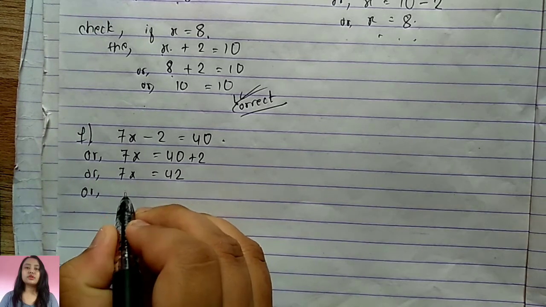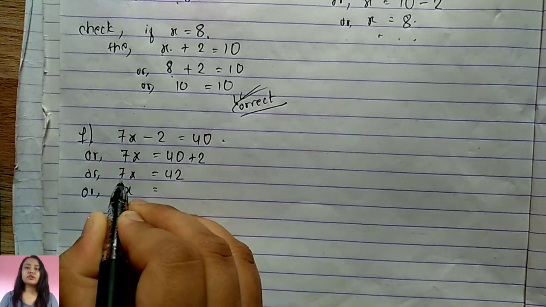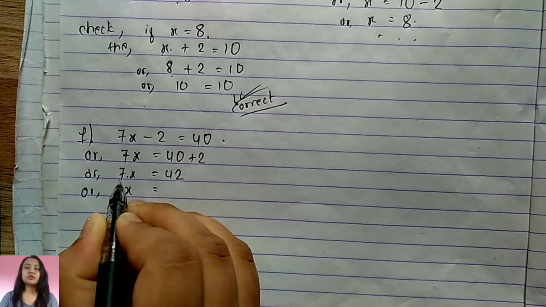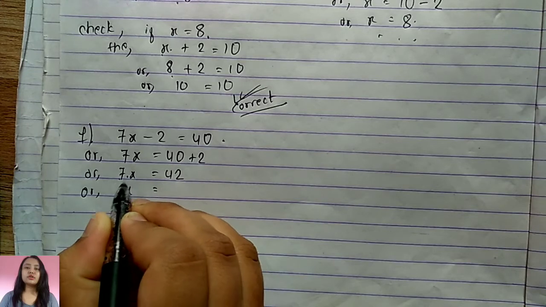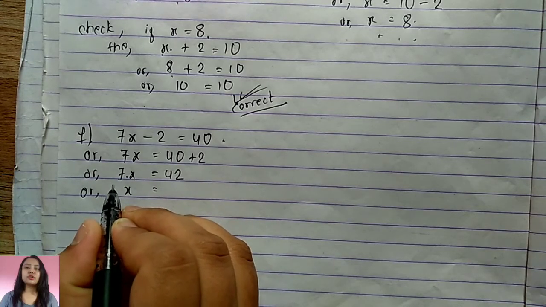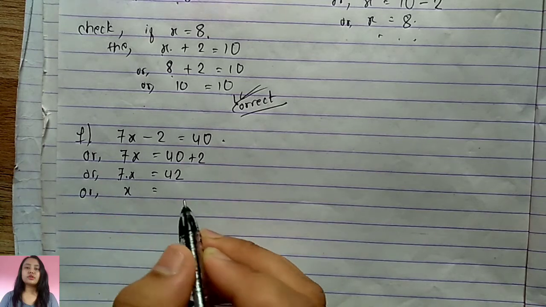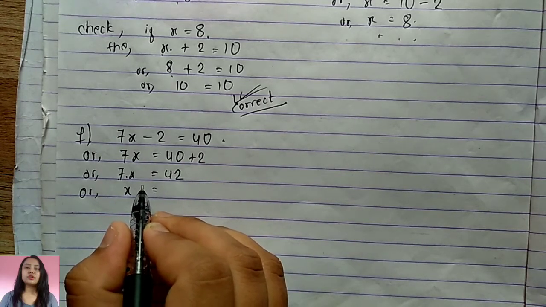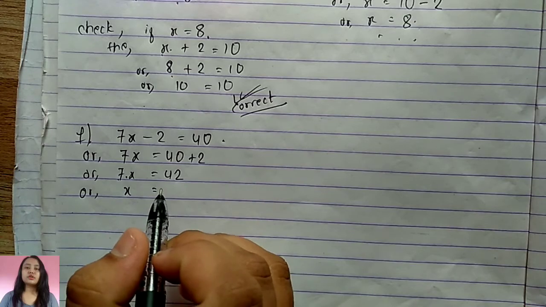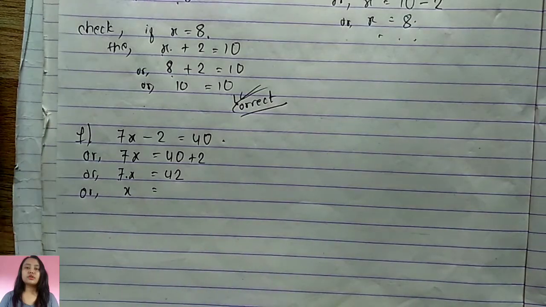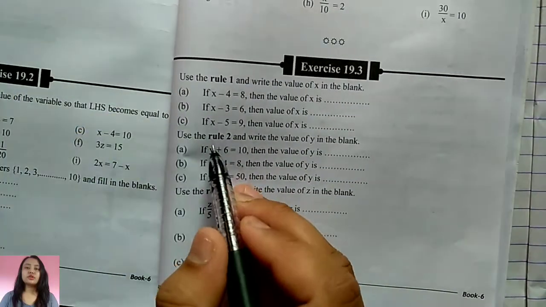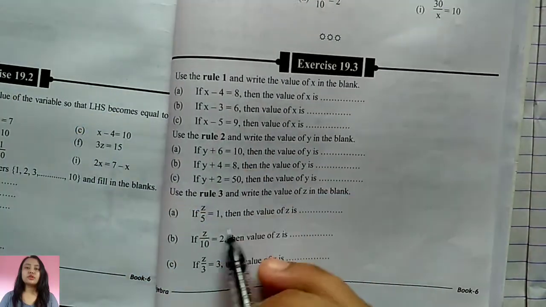That is, the 7 will remain here. This is the multiplication sign, right? Between 7 and x there is a multiplication sign. So instead of using rule 4, I'm doing it directly. But you must be very careful. Sometimes the question will ask you like this: use rule 2, use rule 1, use rule 3.